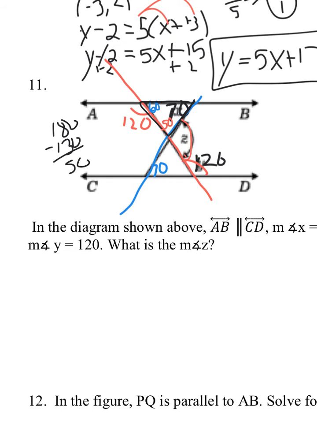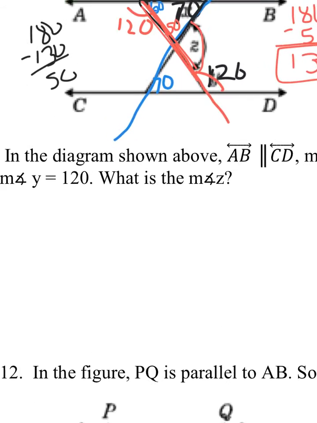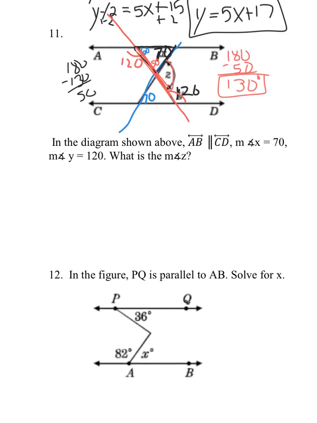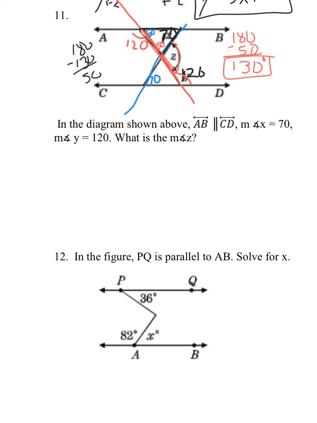Z is a linear pair with 50. So 180 minus 50 is 130. It's not as difficult as it seems. It's just using a lot of things you should know and putting them together. Okay? I guess we'll put the 130 right here.